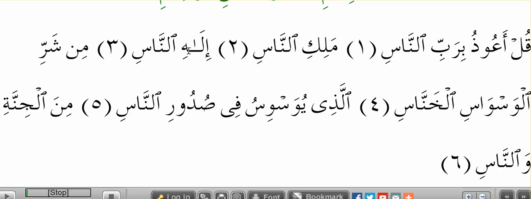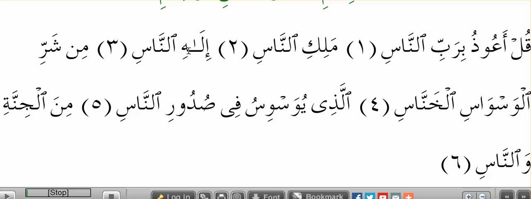So it would have been okay for us to say قُلْ أَعُوذُ بِرَبِّ النَّاسِ. If you said قُلْ أَعُوذُ بِمَلِكِ النَّاسِ it means the same thing. Or قُلْ أَعُوذُ بِإِلَهِ النَّاسِ. That's what the ayah means.